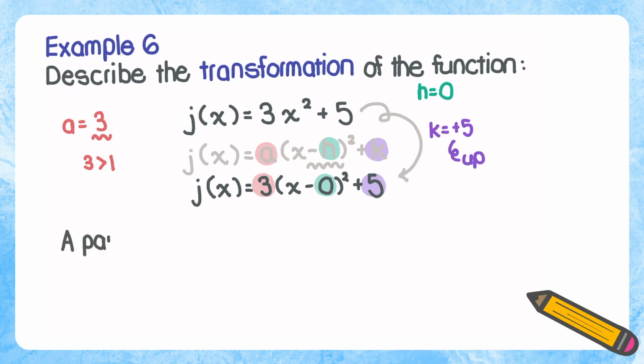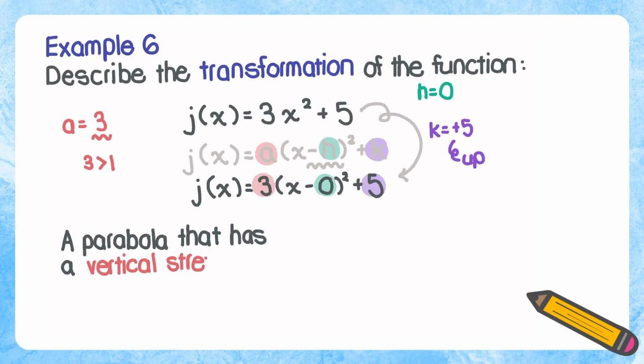Alright, so let's write the description down. We have a parabola that has, first of all, a vertical stretch because a, which was 3, is greater than 1. And we have a translation. Well, we don't have a horizontal translation since h equals 0, but we do have a vertical translation.